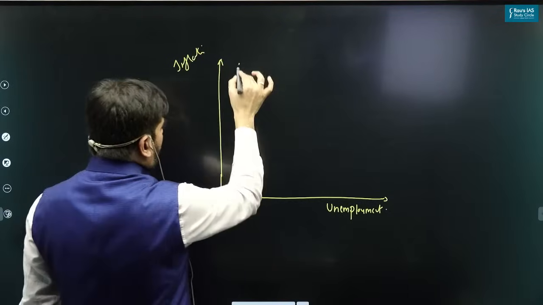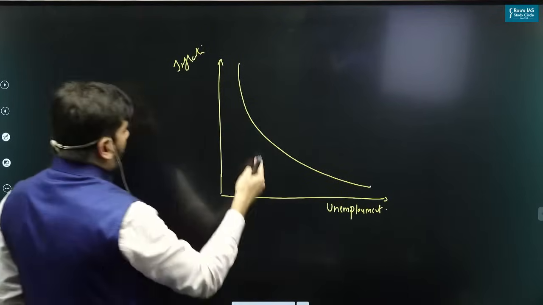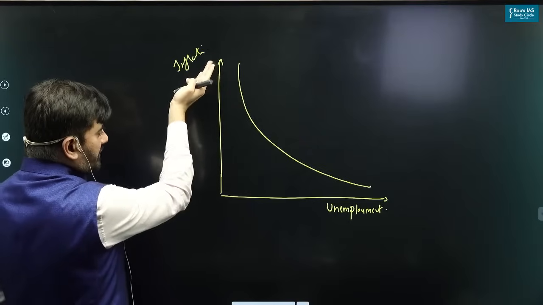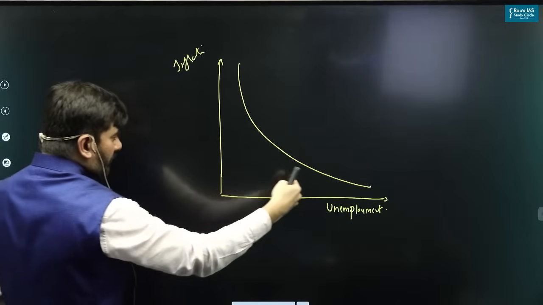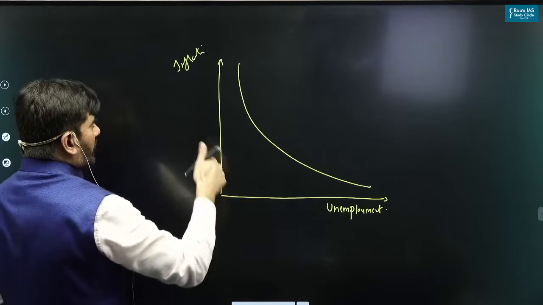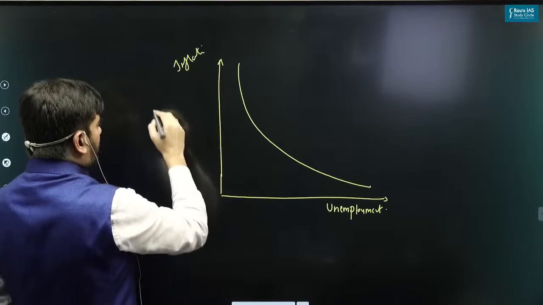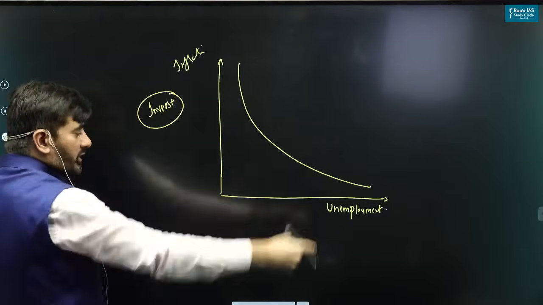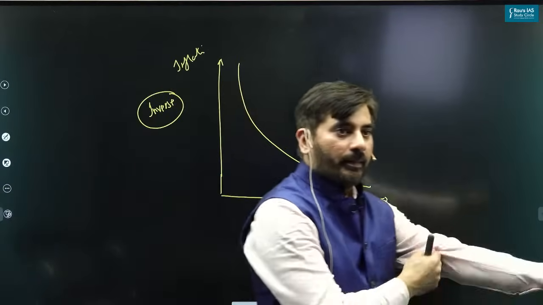So it says that as the rate of inflation increases, can you see here, as the rate of inflation increases, the level of unemployment in the country will reduce. So it shows the inverse relationship between inflation and unemployment, right?